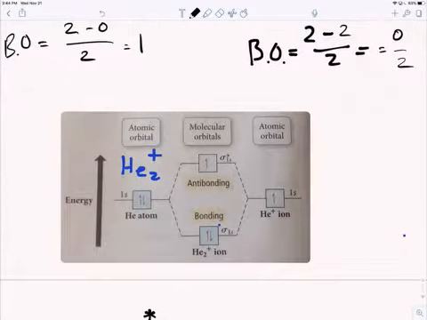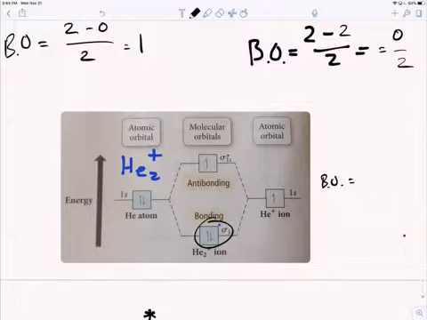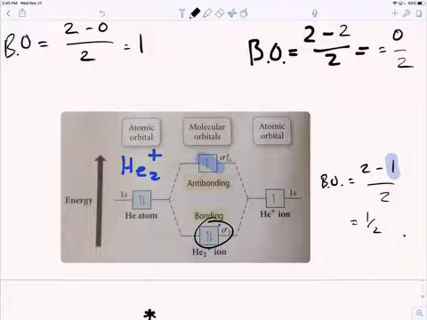The bond order here is 2 bonding minus 1 anti-bonding, divided by 2, which is a half. The positive bond order means it's stable. So you would think that there would be He2 plus in the sun. And it turns out that there is. We actually can't see this directly, and He2 plus is different than helium.